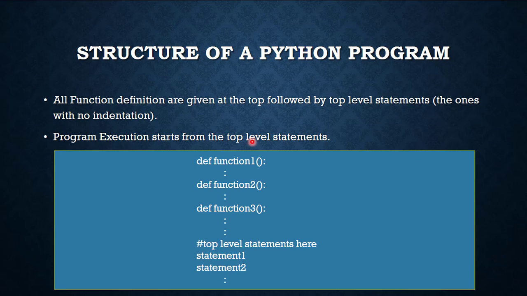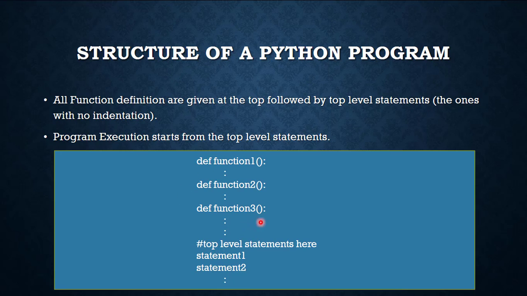Here the structure of a Python program is generally like the one shown below. At the start of the program we have all the definitions. See here three definitions are shown: function 1 first definition, function 2 second definition, function 3 third definition.